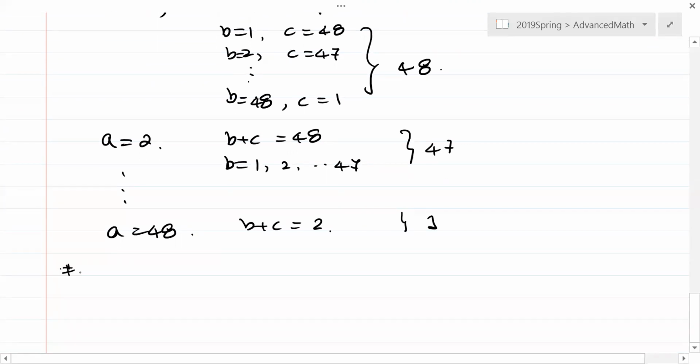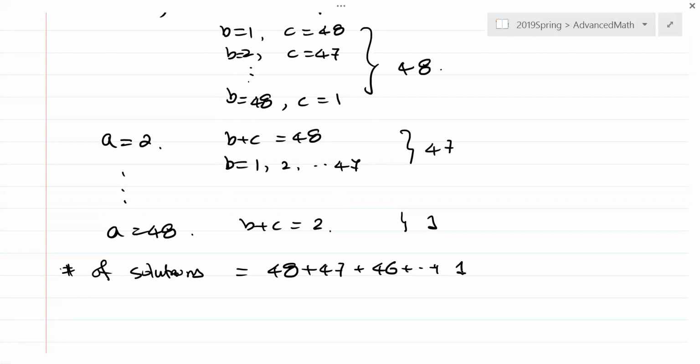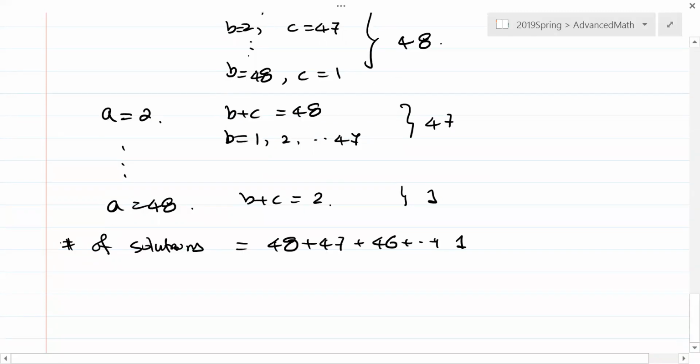So the number of solutions is going to be 48 plus 47, 46, all the way to 1. Then there are only finitely many solutions there. So add them together.